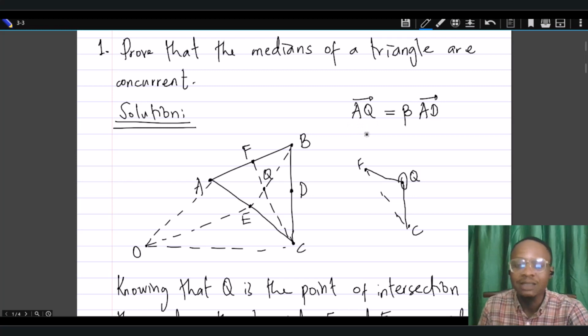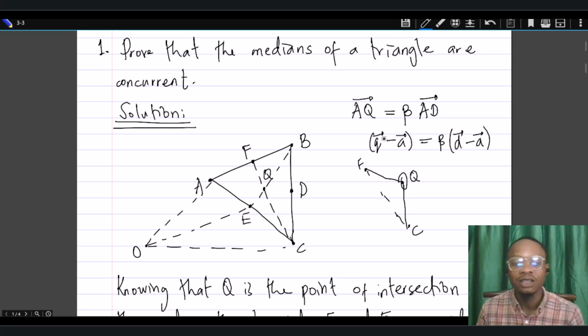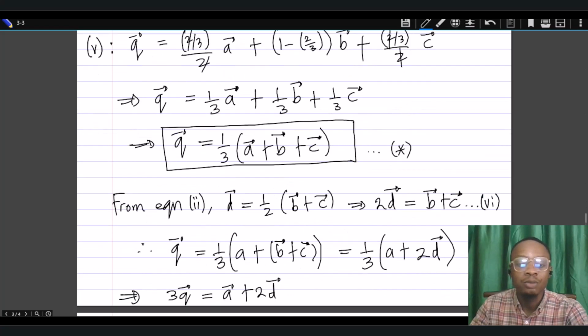If we do that using position vectors, then AQ would be Q minus A, and this will be beta, where beta is some number, into D minus A, since AD is D minus A. So we are interested in having Q minus A and D minus A. We want to bring Q and A together, and also bring D and A together.